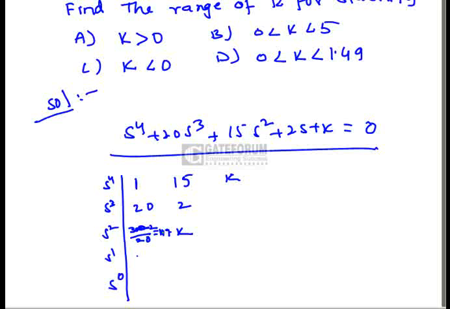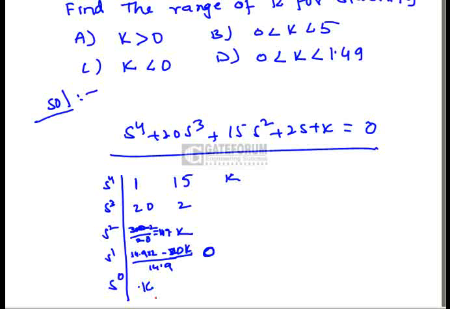Then we have to fill up the s power 1 row. This row is 14.9 multiplied by 2 minus 20k, all divided by 14.9. Now the next coefficient will be 0, and again the last coefficient is k.